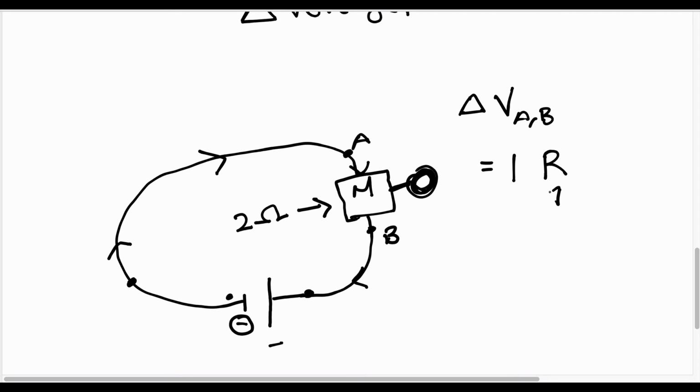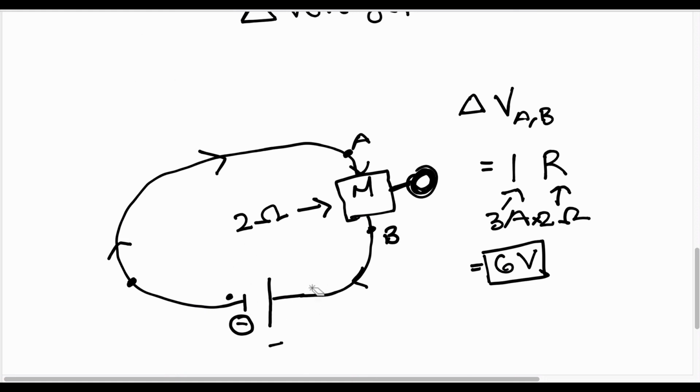And maybe this whole system has a current of 3 amps. And so the voltage difference between point A and point B would simply be 3 amps times 2 ohms, which is equal to 6 volts.